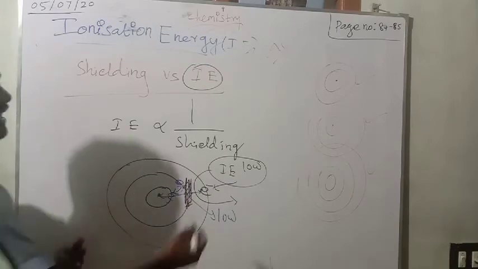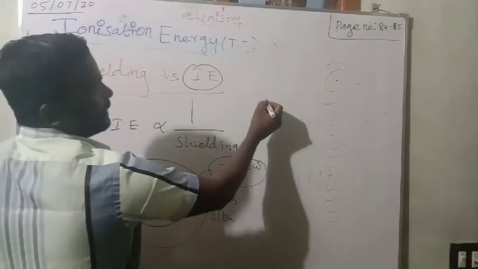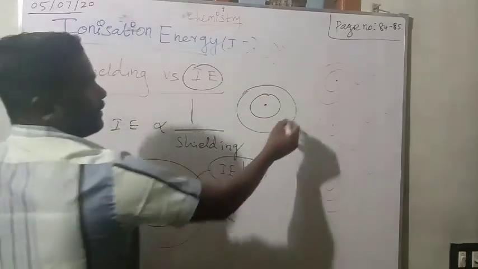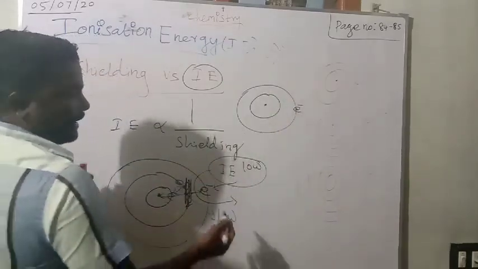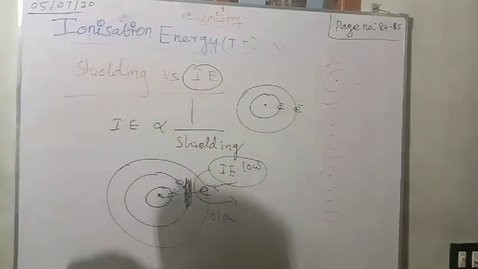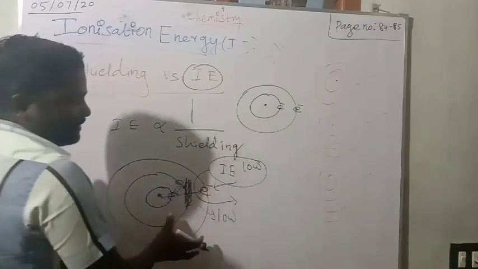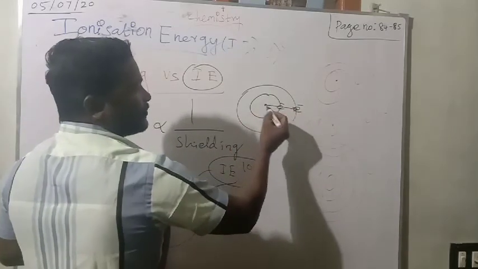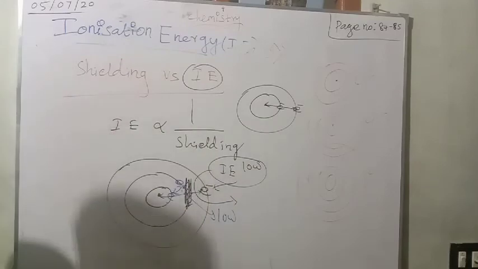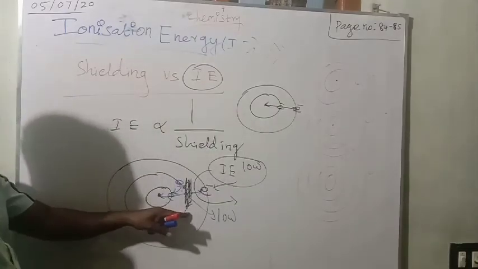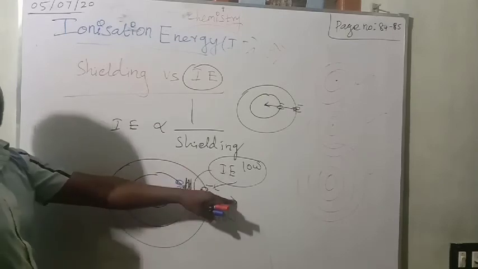Now an atom having fewer inner cells, for example, only one cell as an inner cell. We want to remove this electron. Here we don't have any repulsive force, only one inner cell is there. So compare this with the previous one, which had less force of attraction between the nucleus and the electron. If you compare these two atoms, which has more shielding effect, so less ionization energy is needed.